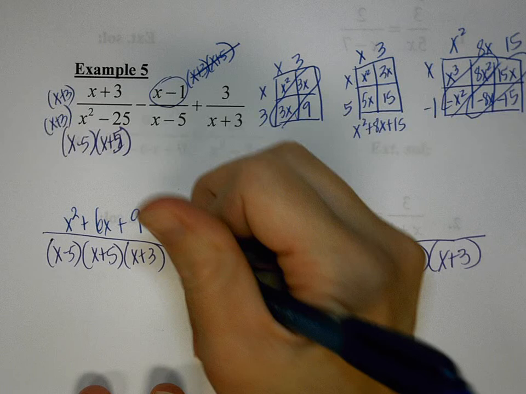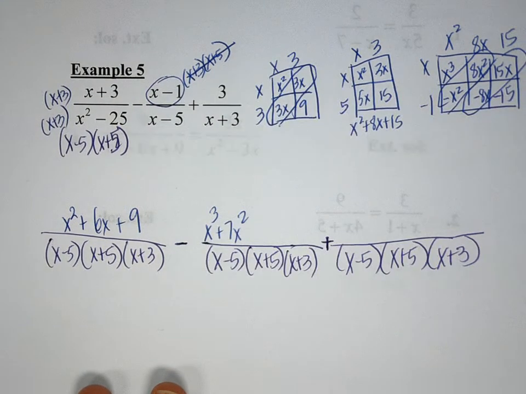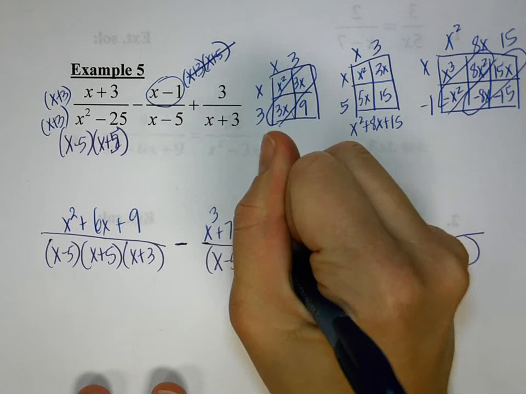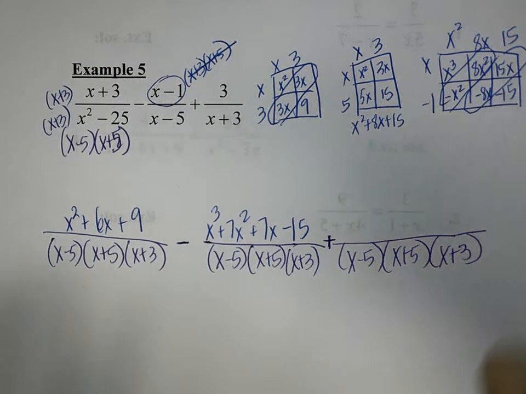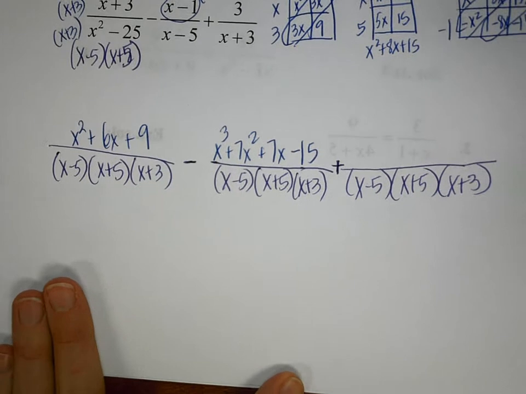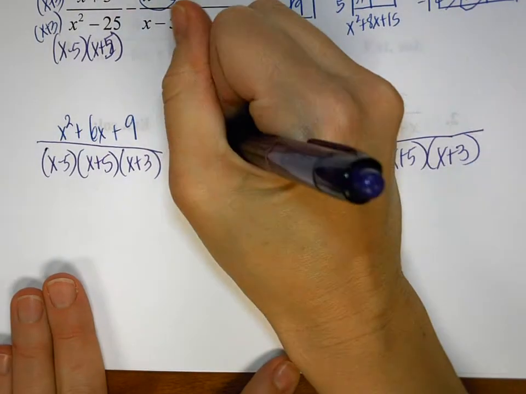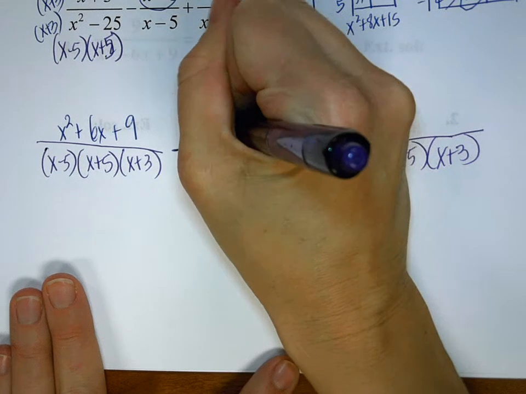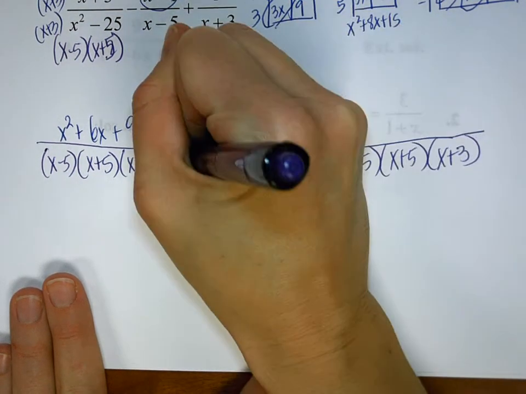And so we get x cubed plus 7x squared plus 7x minus 15. But remember, because of this negative, I'm going to end up doing what? Distributing it. So this is going to be a negative, a negative, a negative, and a positive. And then I can change that to a plus.